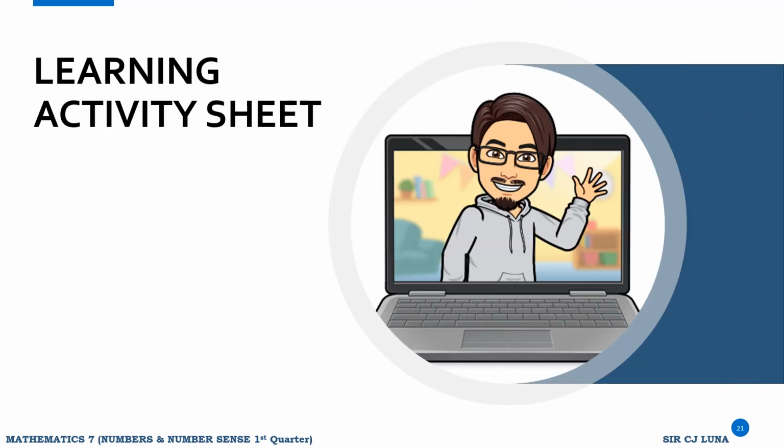Clear na po ba sa atin yung pinag-aralan natin about integers and absolute value? I hope so, no? So, ngayon, ibig sabihin, you are ready to answer your learning activity sheet. This is for the first quarter, week 3, learning competency 1. Meron tayo ditong 5 activities.